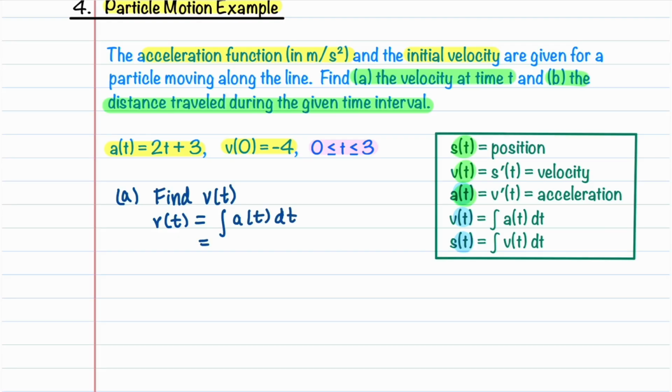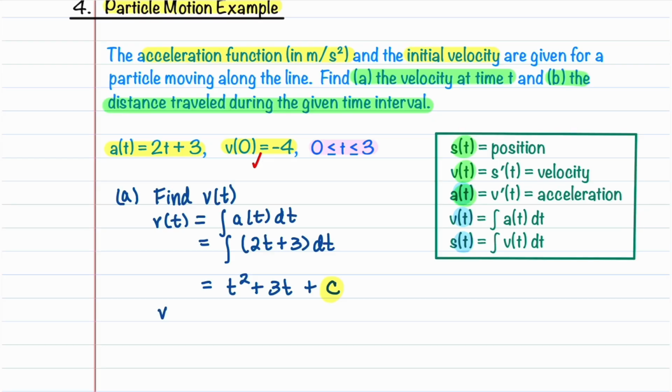Let's now plug in what that is. We are integrating 2t plus 3 dt. This gives us t squared plus 3t, and then we can't forget to add on our arbitrary constant. We can find what this arbitrary constant is by using our initial condition, v of 0 is equal to minus 4.